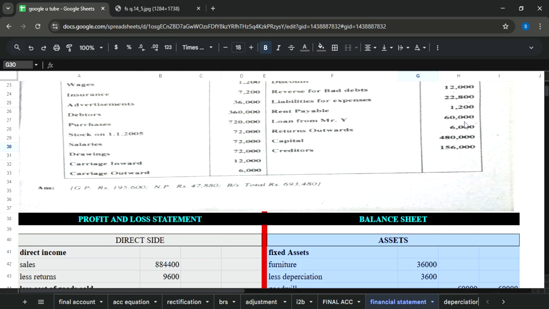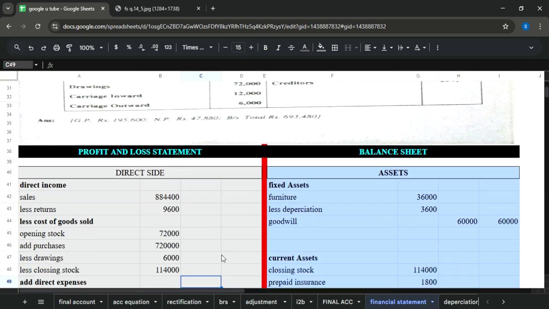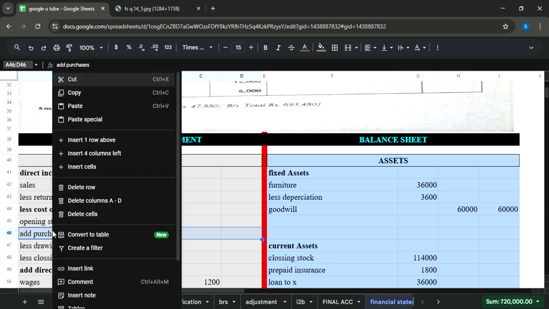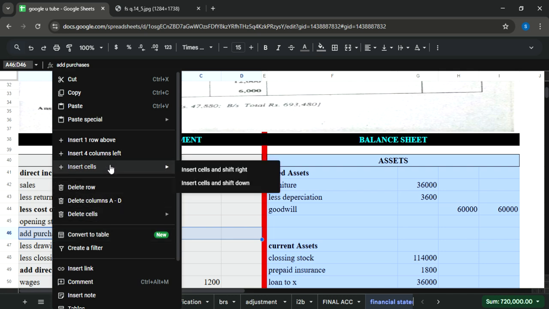Then we have return out. We'll have to make a little adjustment over here because the line is not present. So we will be creating one more line. Insert cells. One second.